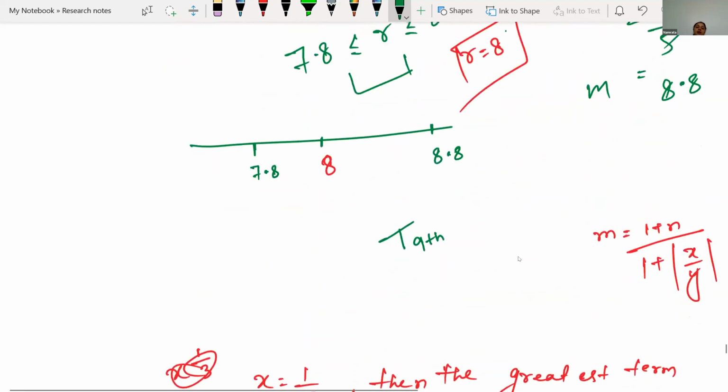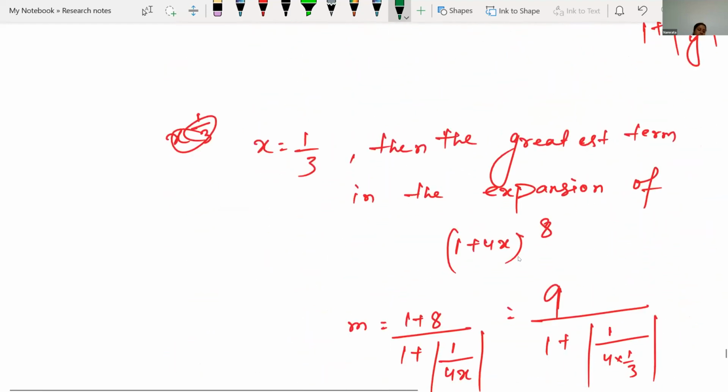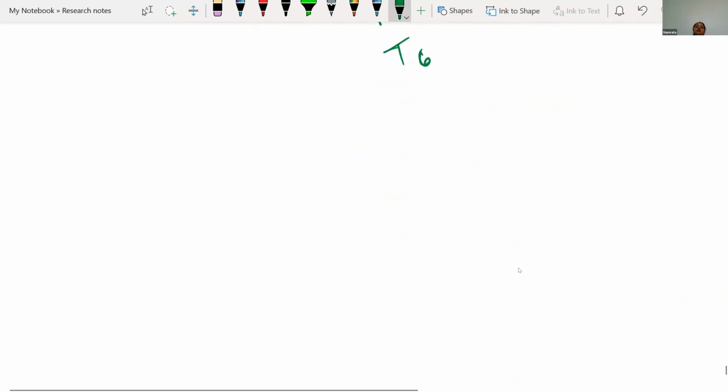Here we will be marking the 6th term. Getting it? Yes, ma'am. So whatever R value you get, that is the value of R, but the term will be the R plus 1th term, and accordingly we will be marking the options. Got it?